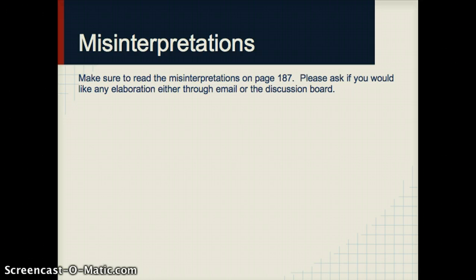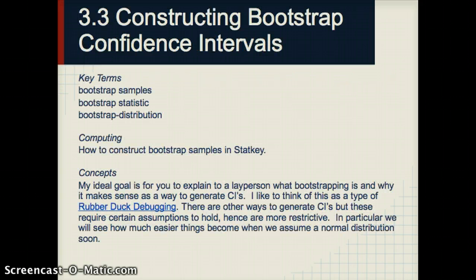Let me know if you're having trouble with this. Confidence intervals are a little bit weird, especially with these bootstrapping methods, so let me know if it isn't working out. Section 3.3 is actually how we compute bootstrap confidence intervals.